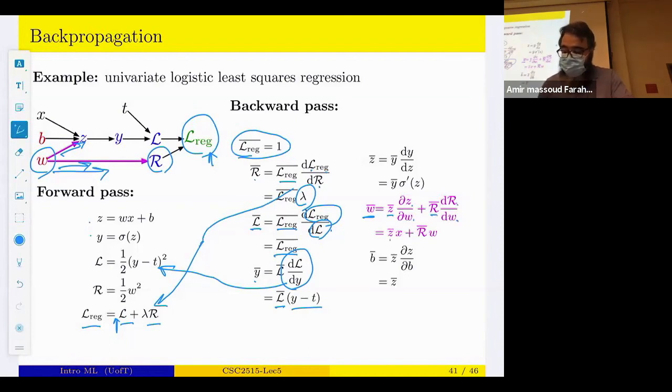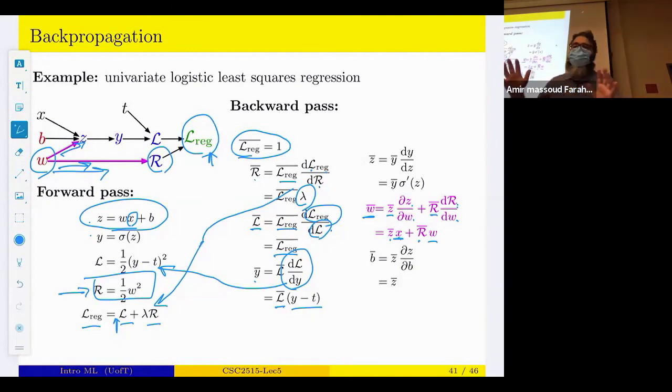So z bar is already computed. dz/dw, okay, so where is it? dz/dw is just x. So that would be the x. And then R bar, we already have it. dR/dw, we computed here. This is a square of w, so the derivative of it would be just w. And we can do the same for b bar. So this is doing the backpropagation algorithm on this univariate logistic least squares regression.